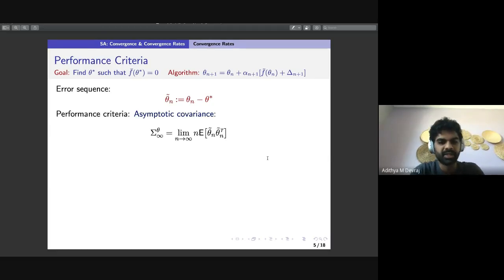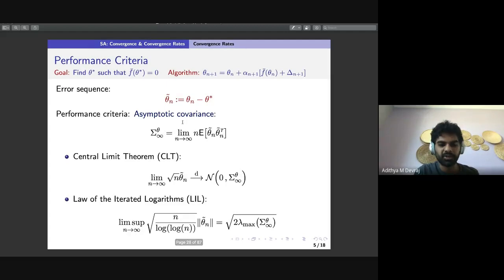The performance criteria in this talk is something known as the asymptotic covariance, which is defined to be this limit over here. And what this says is that if this quantity is finite, then you can get a 1 over n convergence rate of this mean square error sequence, with the scalar being sigma infinity theta itself.